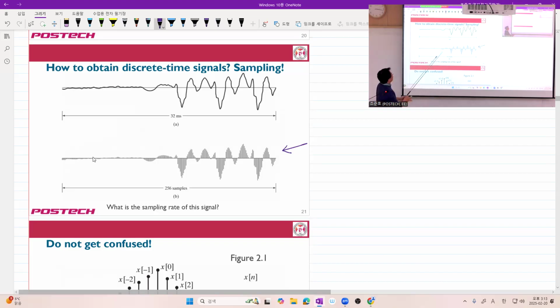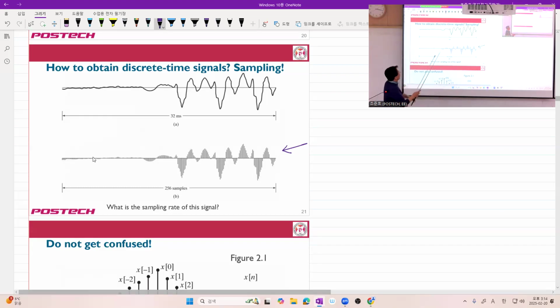Okay, anyway, so suppose this is our measurement, some analog signal, and this spans 32 milliseconds. And we may have some very small sampling period, and we evaluate this function at each sampling instant. And then we have this discrete time signal.